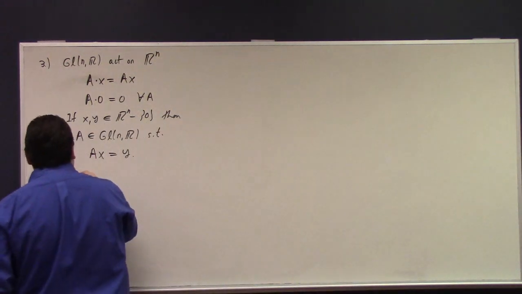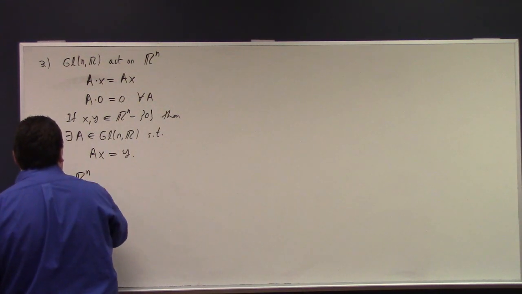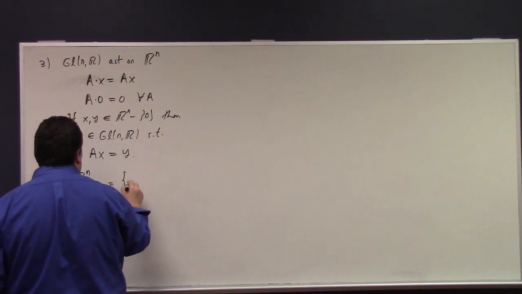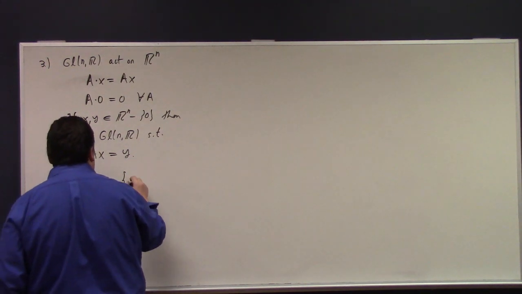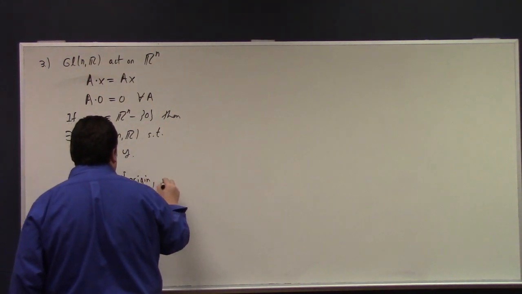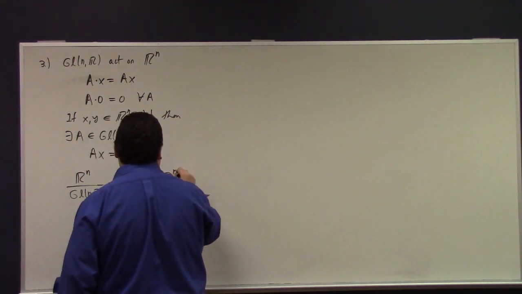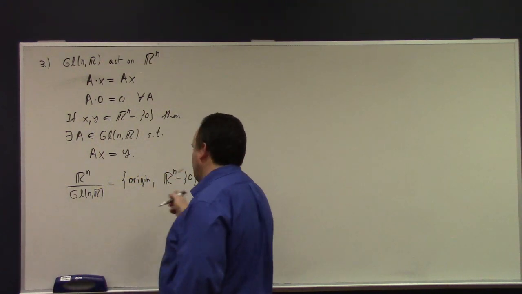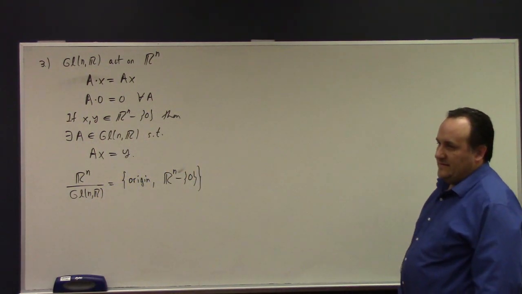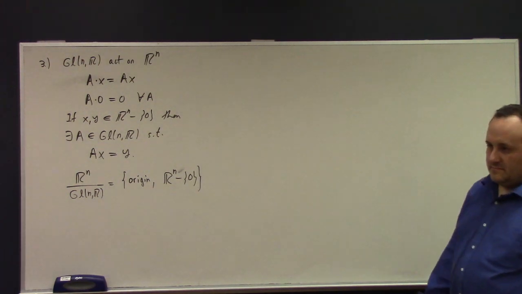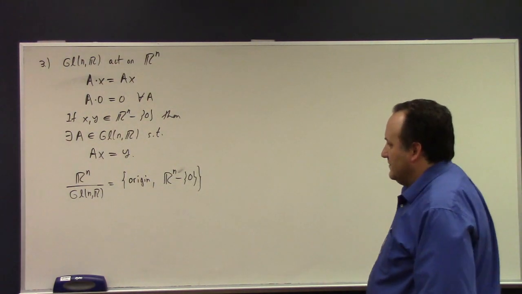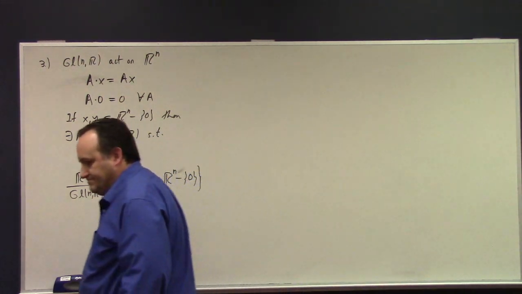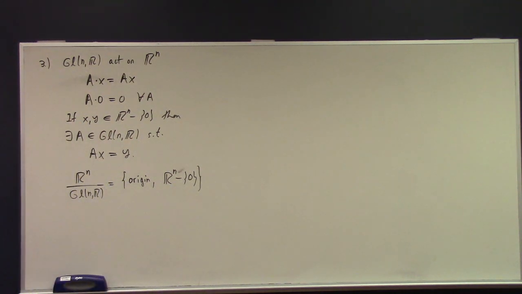So if I think about Rn mod this group action, I've got two things: the origin and everything else. Those are the orbits. That's not a manifold. I guess you could say it's a 0-dimensional manifold, but let me move on here.